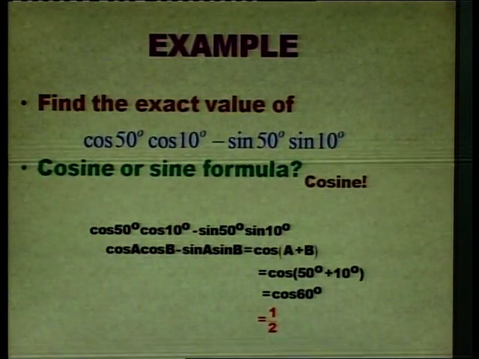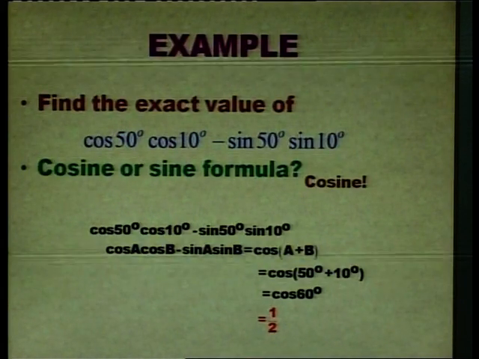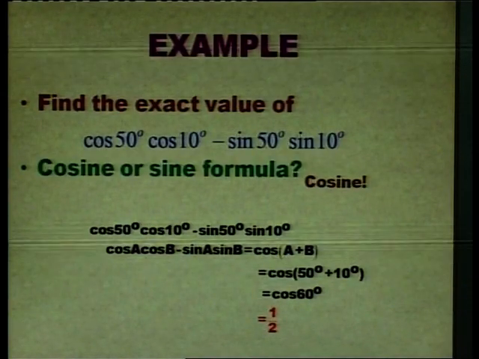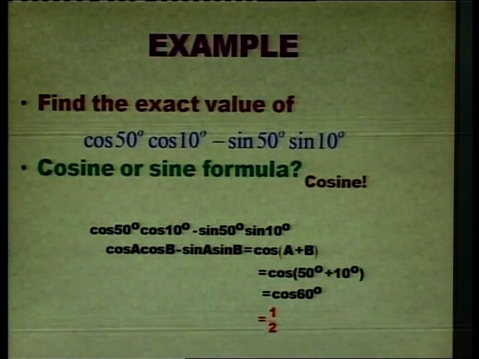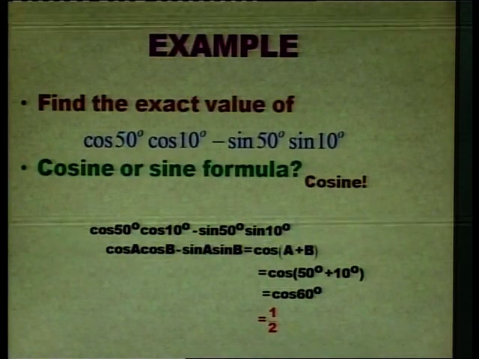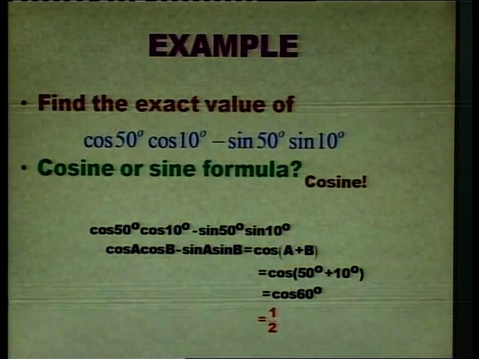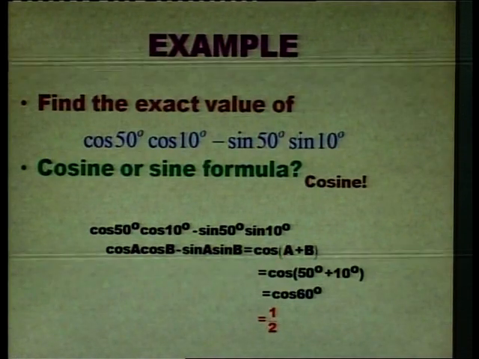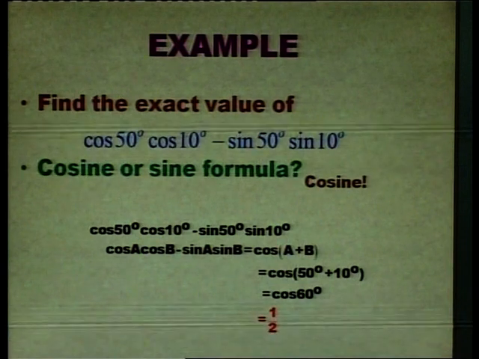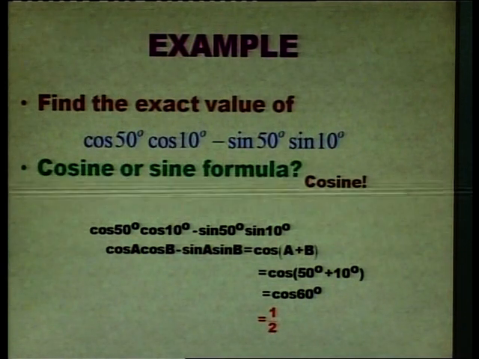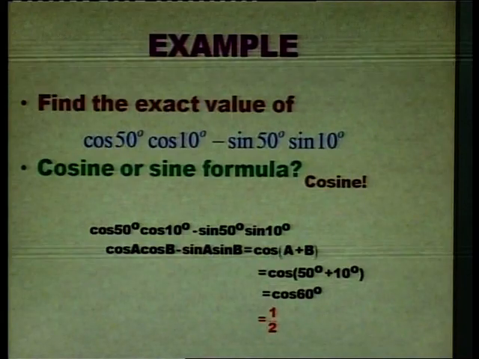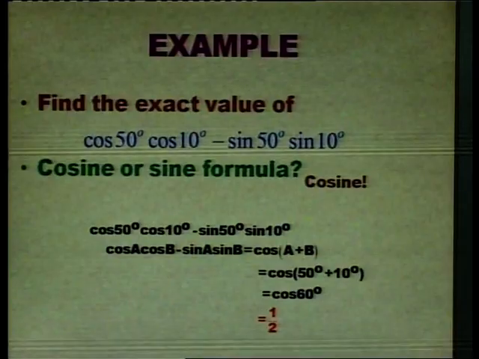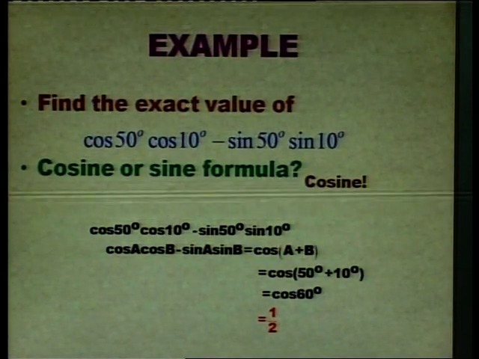So, next example, find the exact value of cos 50 degrees cos 10 degrees minus sin 50 degrees sin 10 degrees. Now, if you have seen all those formulas, if you have all those sitting in your mind, then this is something like cos A cos B minus sin A sin B. So, this will strike your mind if you look at the given problem at a glance.